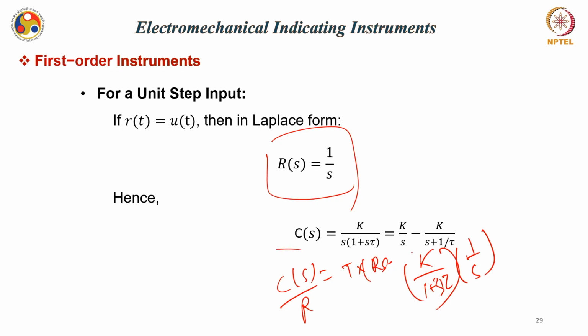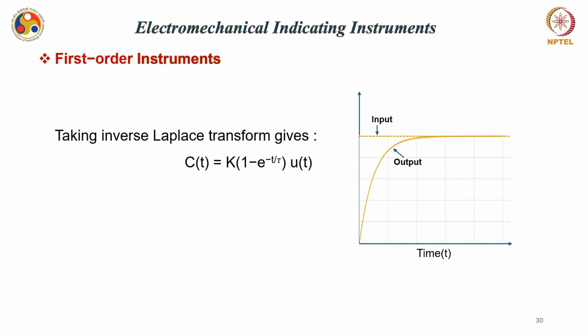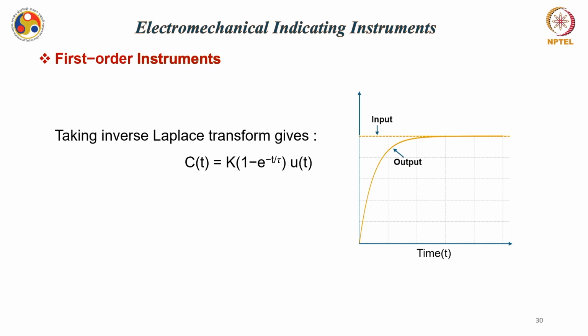So the output in this case is K by s minus K by s plus 1 by tau. Now if you find the inverse Laplace transform, in the time domain the output is simply K into 1 minus e power minus t by tau, into u(t).